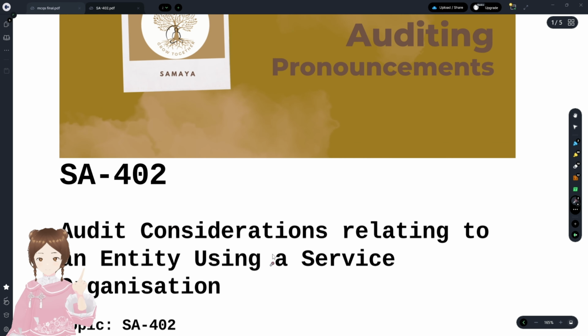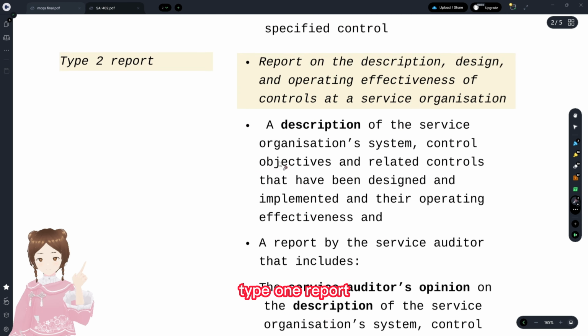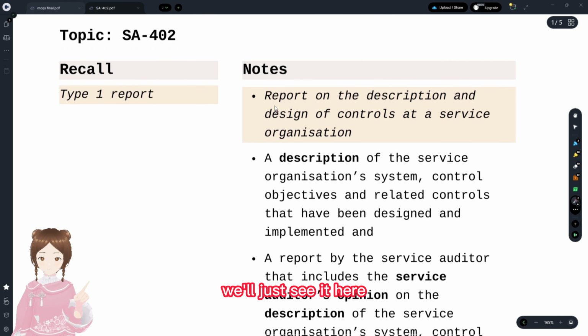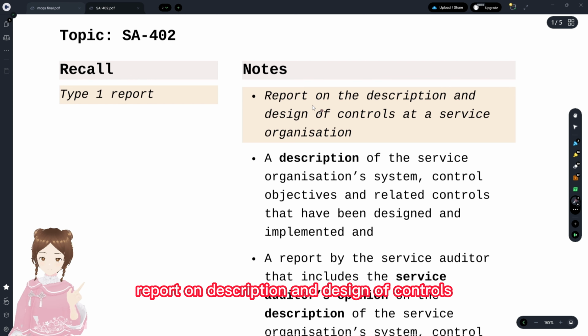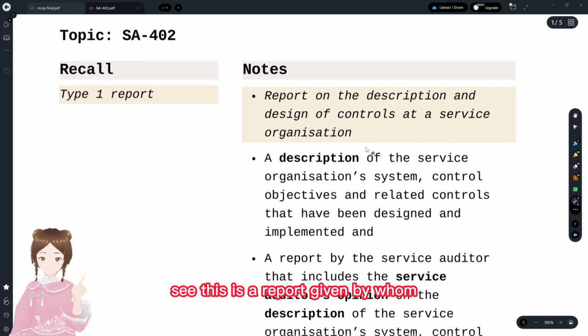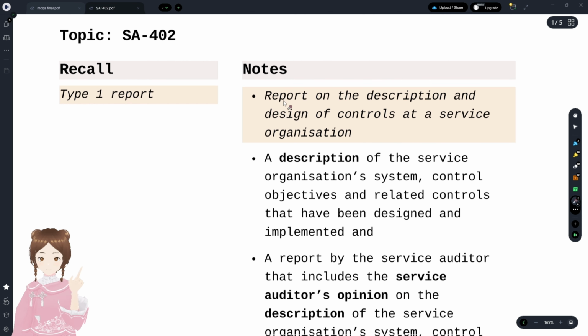And this is the soul of SA402: the type 1 report and the type 2 report. This is so simple. A type 1 report is a report on the description and design of controls at the service organization. This is a report given by the service auditor, the service organization's auditor, the third party auditor.